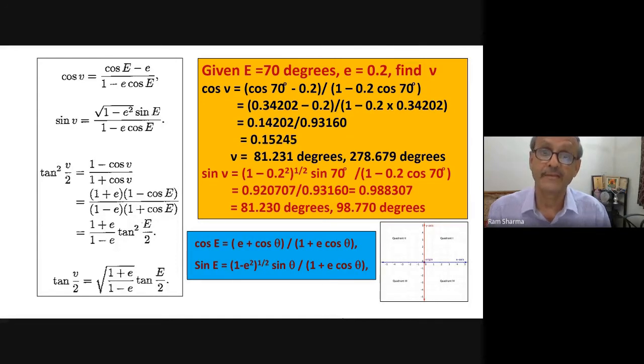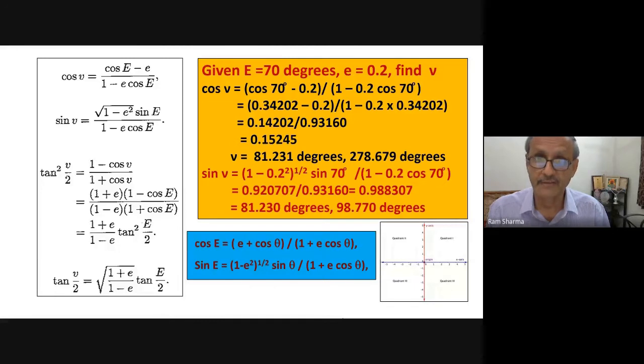But if the values are in some other quadrant, supposing cos was negative, then we have to get the value in the second quadrant and third quadrant, because cos is negative in the second quadrant and third quadrant. And supposing sine is positive, it is positive in the first quadrant and second quadrant, then the value will come in the second quadrant.